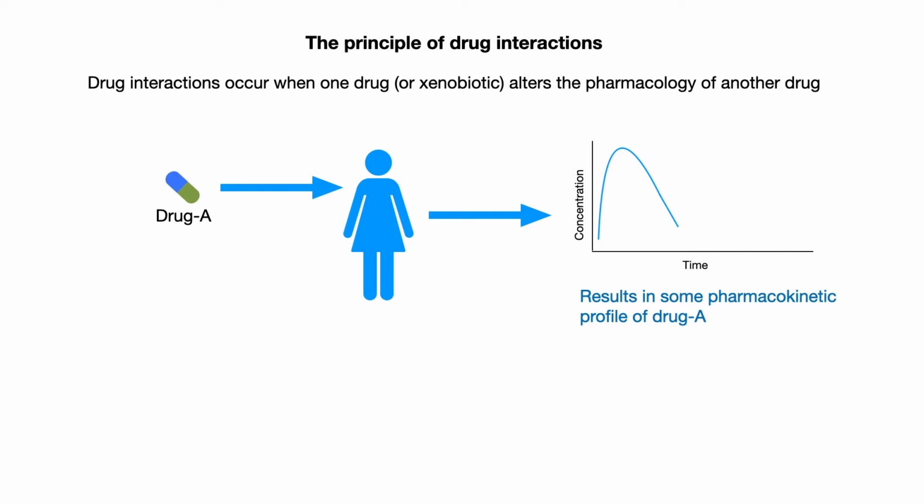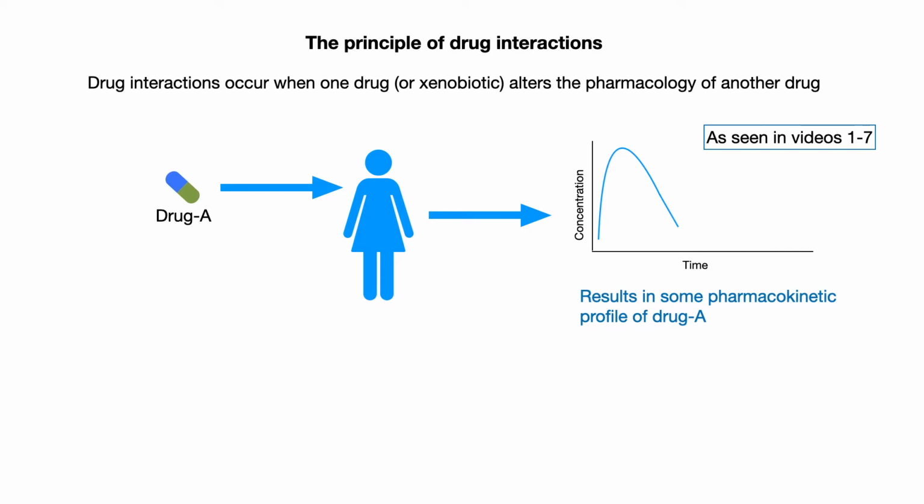That is a time versus drug concentration curve, such as the one shown here. And in fact, in videos 1 to 7, this is pretty much what we dealt with.